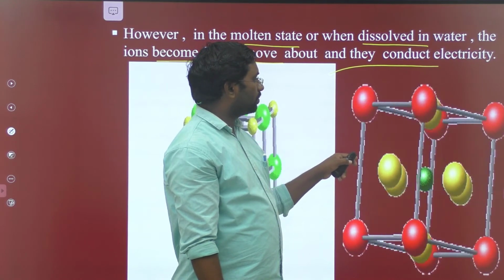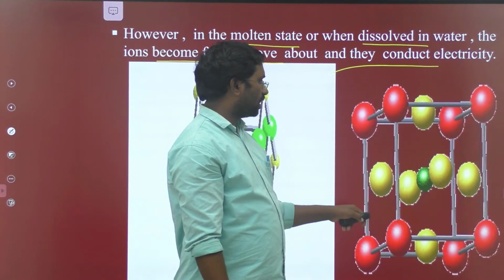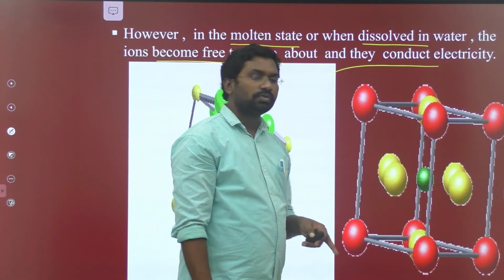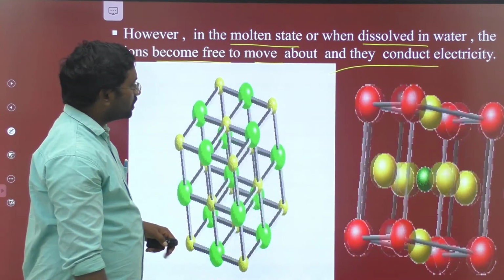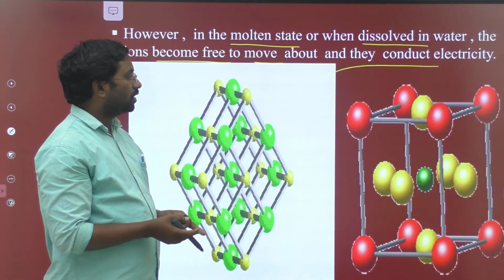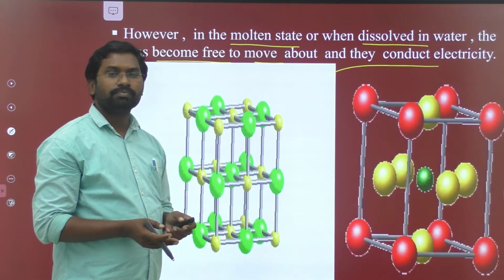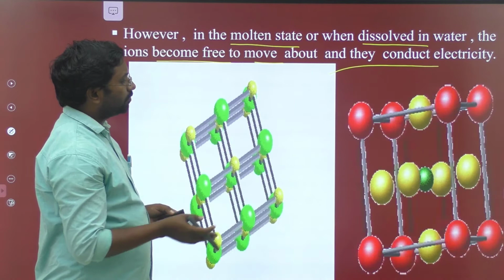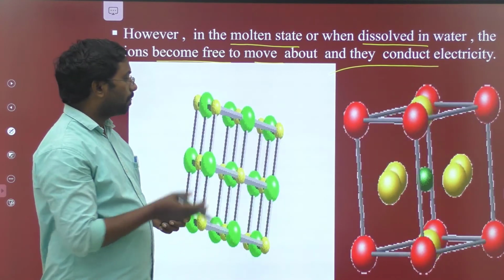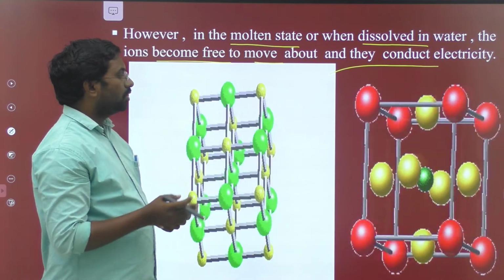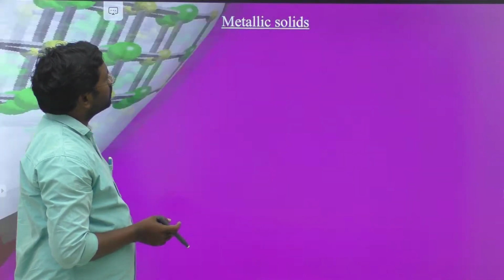The ions are arranged in a particular order in three-dimensional fashion. They have fixed positions and strong electrostatic or Coulombic forces between them. That's why they possess properties like high melting point and high boiling point. These are a few examples of the arrangement of ions in ionic solids.